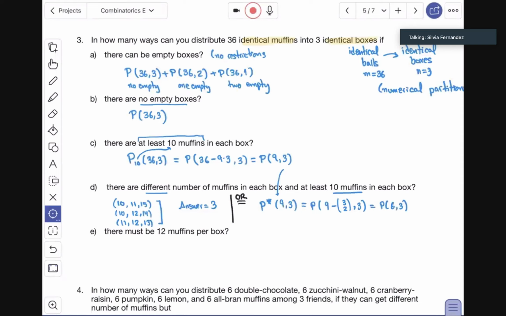But I was actually hoping that you would do the first one, just finding all the partitions. And then there must be 12 muffins per box. Well, same idea, if you want the only partition where all the numbers are 12, they add up to 36. It's just 12, 12, 12, just one partition.